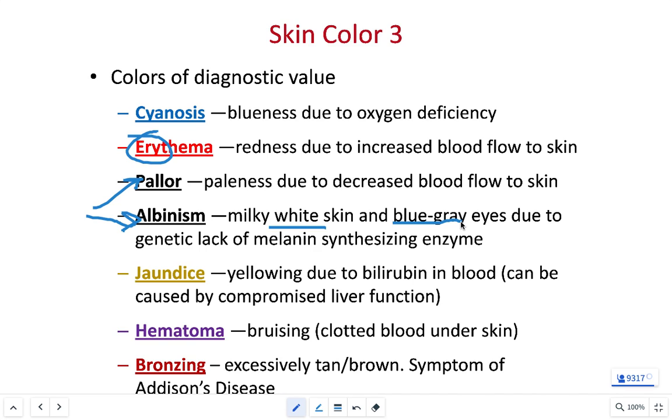Every once in a while, you'll see somebody that's albino, and they don't look white. They're cherry red. And that's because they sunburn on the drop of a dime. I remember when I was an undergrad, I spent some time in the Bahamas studying coral reef ecology. And I was in the Bahamas, and I met an albino individual. And there's too much sun in the Bahamas.